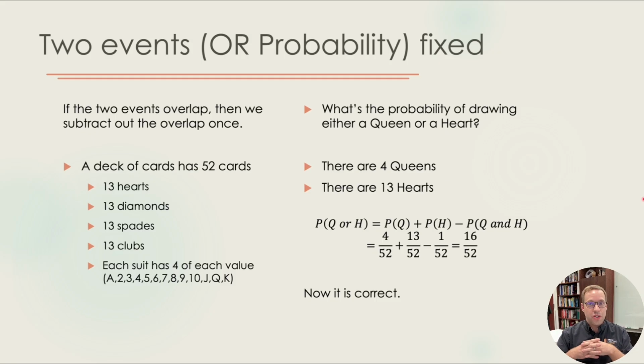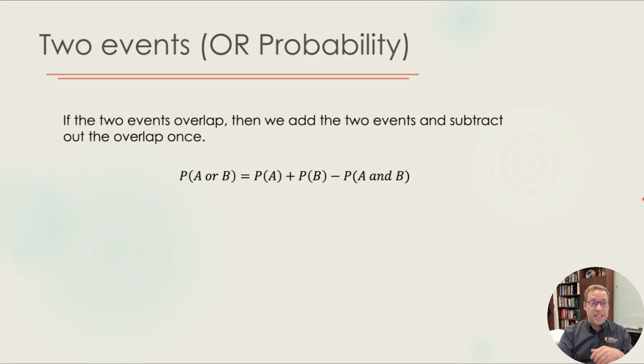The probability of a heart is 13 out of 52. Those two added together were 17 out of 52, right? Remember that? But now we subtract 1 because there's 1 card that is both a queen and a heart. And that gives us a total probability of 16 out of 52. Now it is correct.